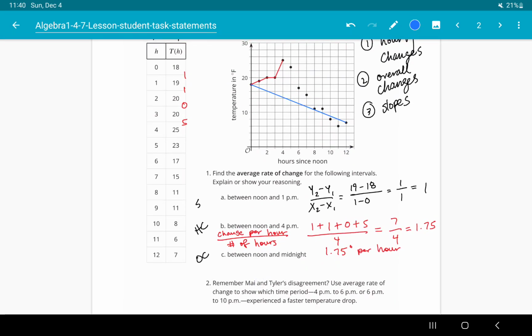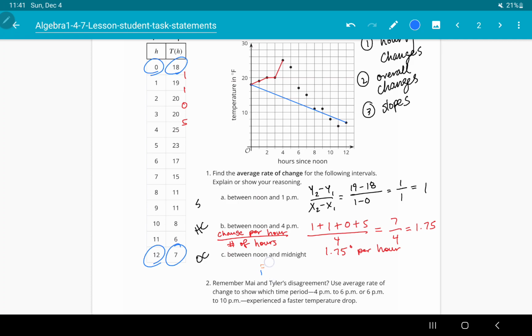So we started out at 18 degrees and we ended up at 7 degrees. So that's a difference of 3 plus 8, 11 degrees, right? So it changed 11 degrees. And then that's a distance of 12 hours. And since the temperature was dropping by 11 degrees, we'll make that a negative.